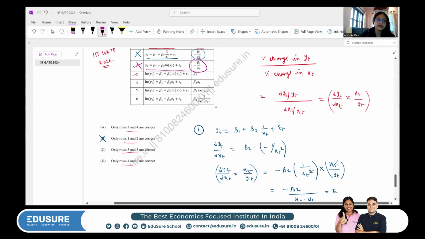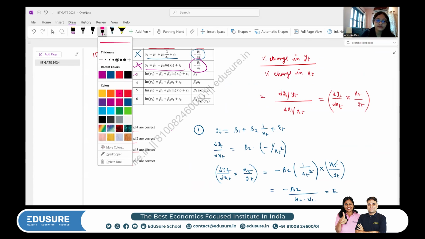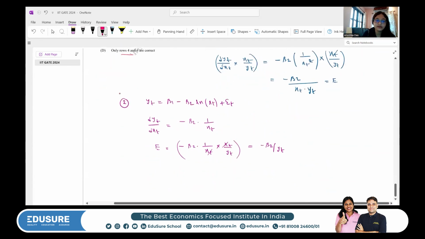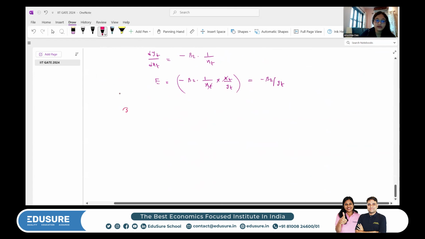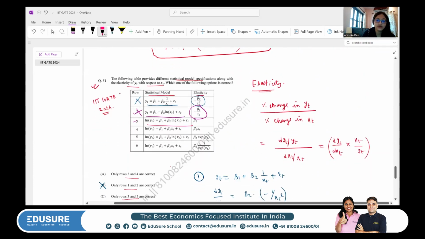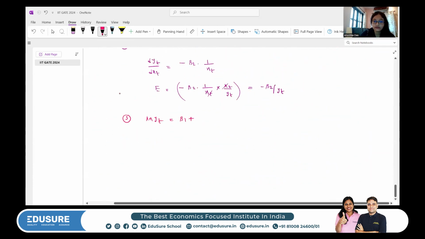Right? Now let's see number 3. ln YT is beta 1 plus beta 2 ln XT plus epsilon T. So what will dYT/dXT be? Here you have beta 2 into 1 upon XT.